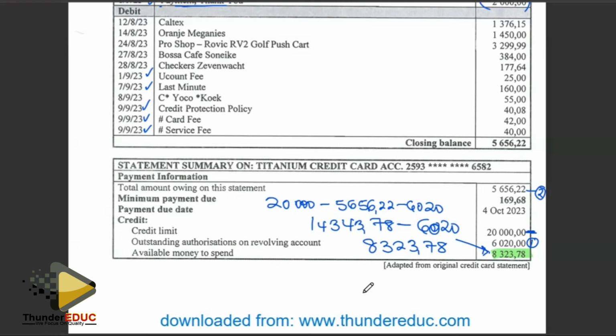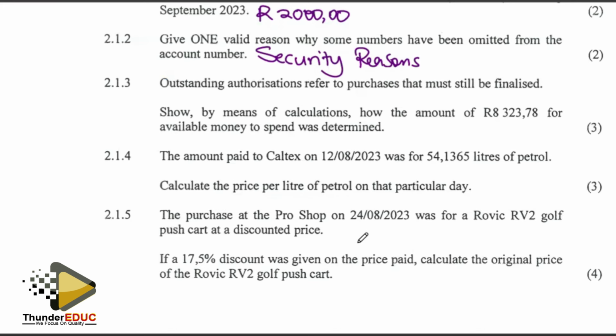We are answering question number 2.1.3. We are answering this question here. They took the 20,000, they subtracted the 6,020 rand minus the 5,656.22 cents. That's how they got the answer.